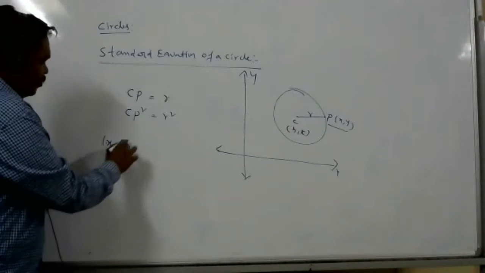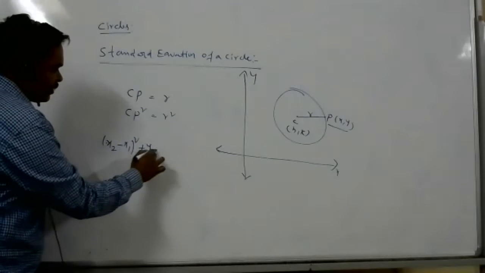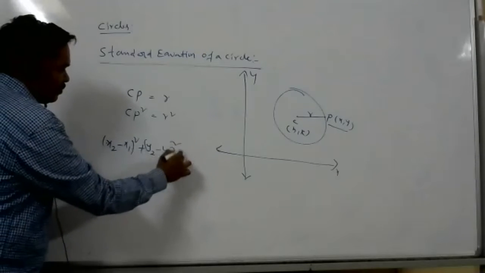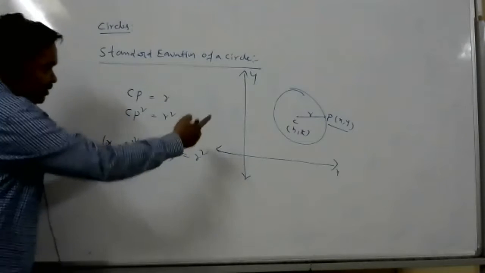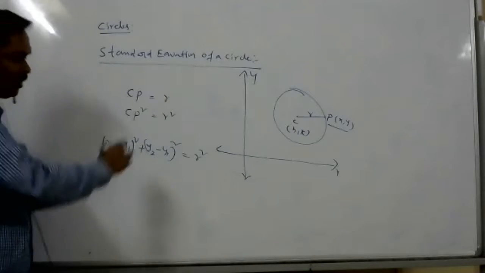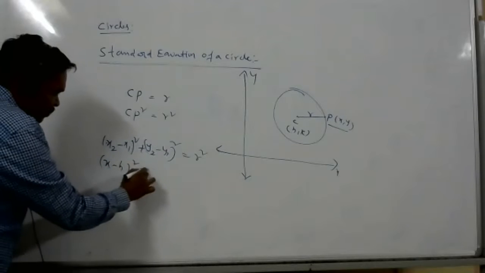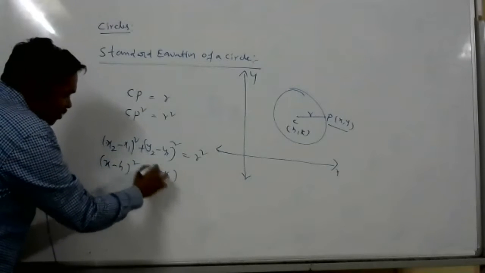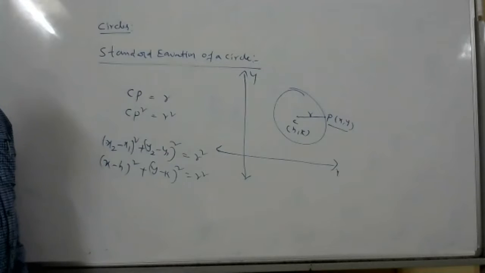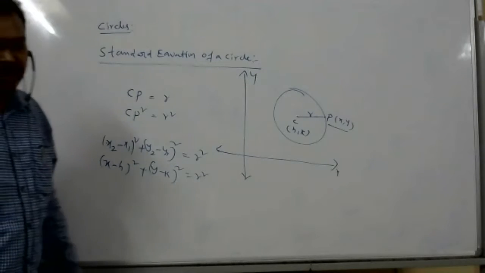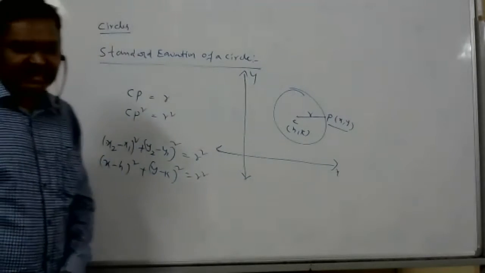X2 minus x1 whole square plus y2 minus y1 whole square is equal to R square. Now, what are the points? X minus h whole square plus y minus k whole square is equal to R square. This is the equation of a circle whose center is h comma k and having radius R.